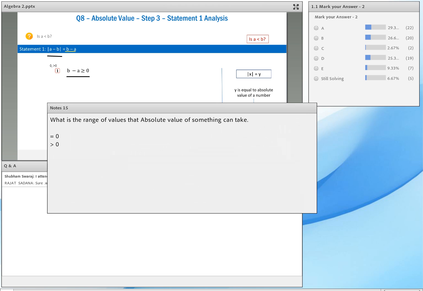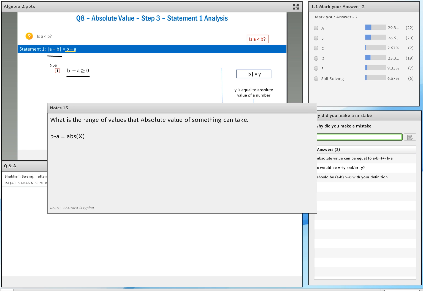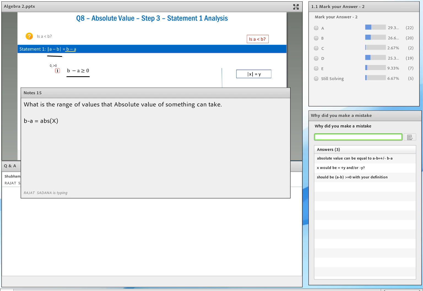What's written over here is absolute value of B minus A. Let's say if what was given to you was B minus A is absolute value of X, which is an integer X, what would you say? Would you not say that B minus A is equal to 0, that's one possibility, or B minus A is greater than 0.